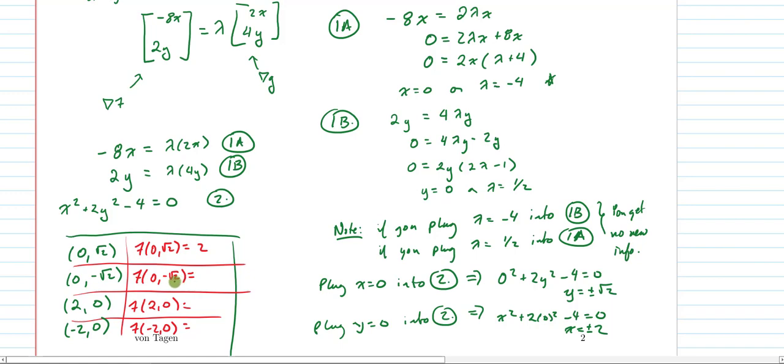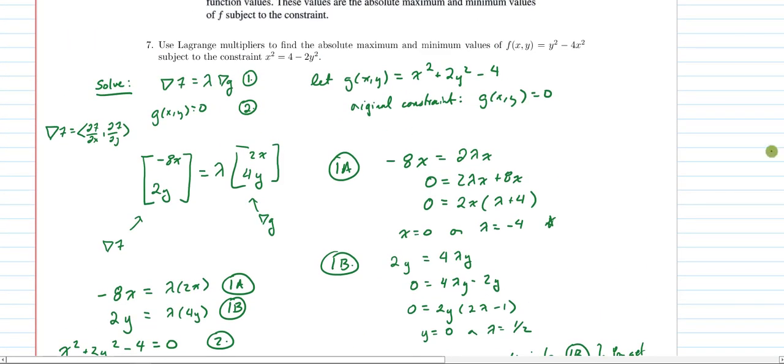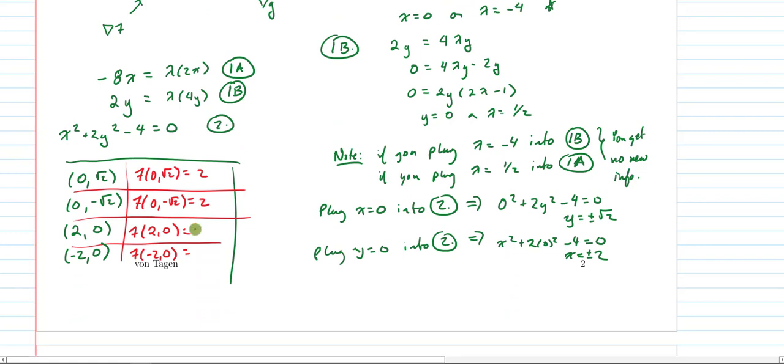F of 0 minus the square root of 2 would come out to be the z value 2. And if we were to plug in x is equal to 2 and y is equal to 0 into this equation, that would give us minus 16 when x is 2, or minus 16 when x is -2.